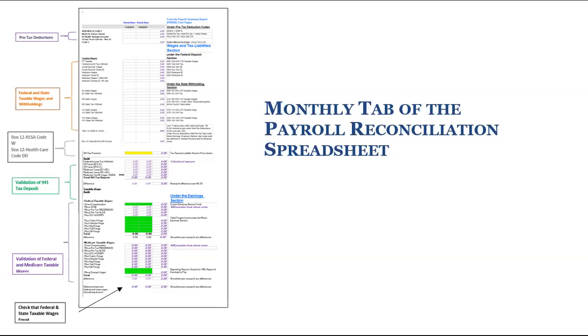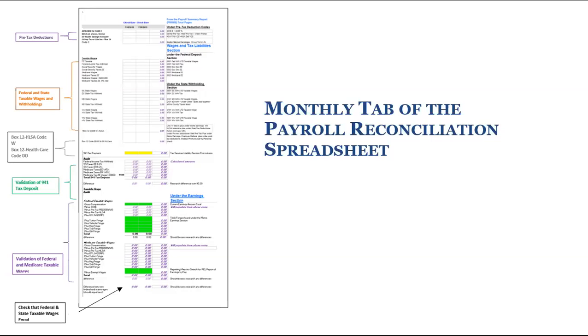The fourth section is the validation of our 941 tax deposit. We want to validate that Ceridian has calculated and submitted our federal tax payments accurately. The fifth section is the validation of federal and Medicare taxable wage calculations. Here we want to validate that Dayforce has calculated our federal and Medicare taxable wages correctly.